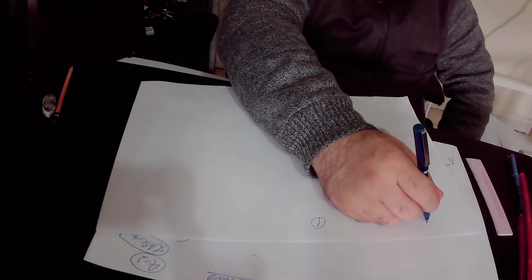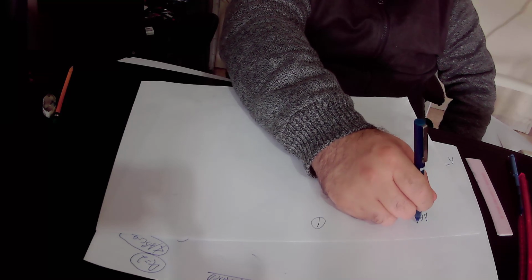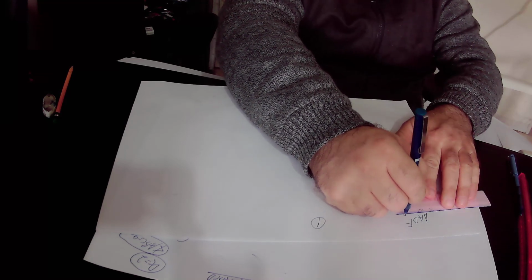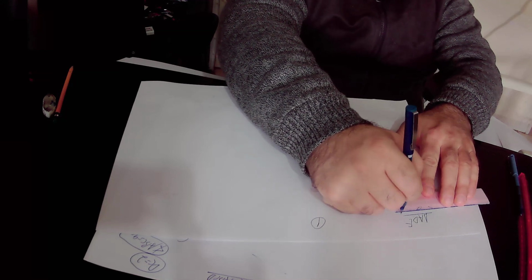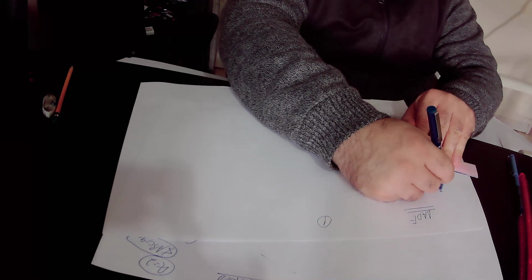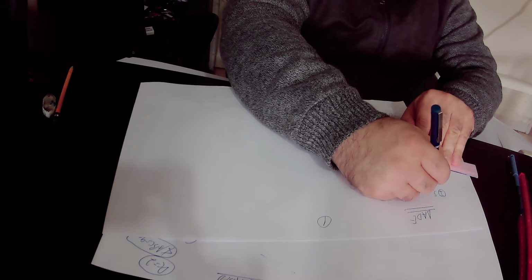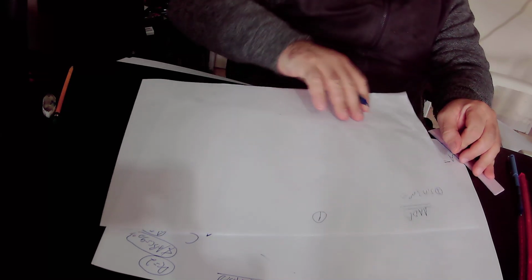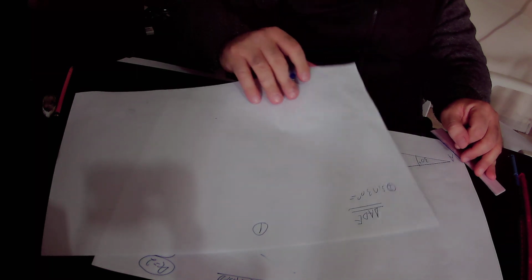I will write it down. In the right triangle ADE, sine of 30 degrees equals DE over AD.